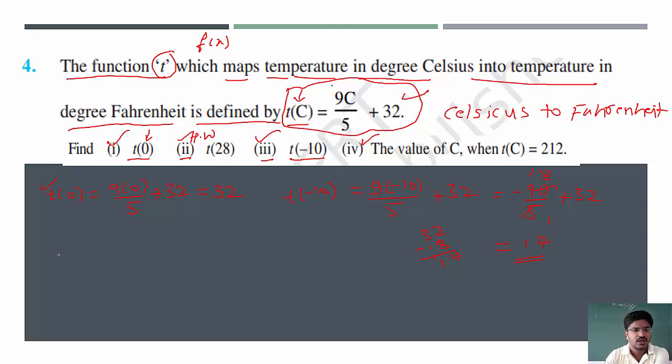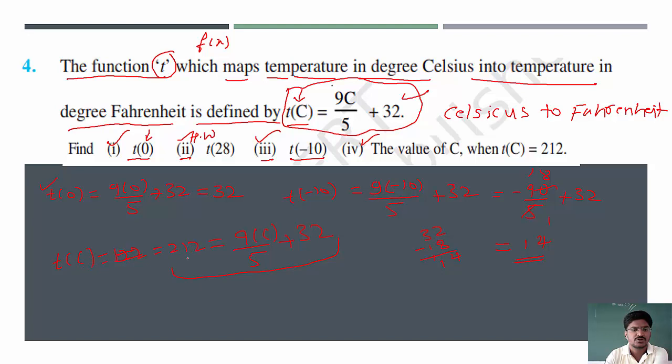have given T of C equal to 212. T of C is equal to 212, that is going to be equal to what? 9 times C divided by 5 plus 32. Clear? This particular equation you have to solve. See, T of C is 212.